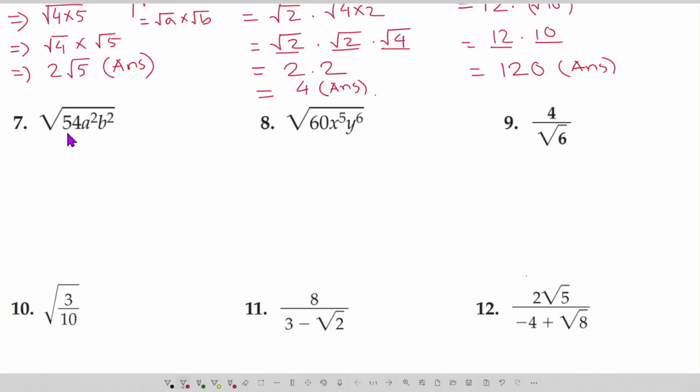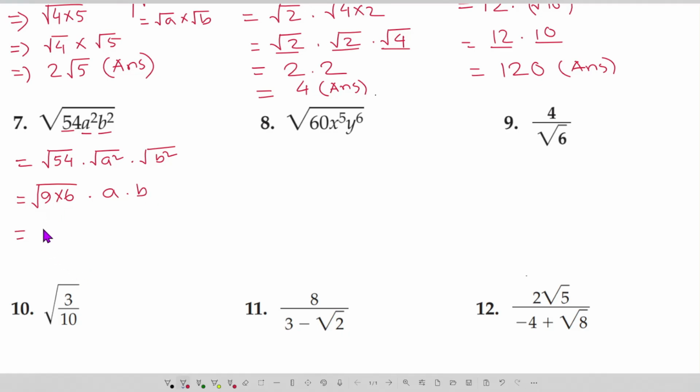Next question. Root 54 a square b square. We can simplify this like root 54 times root a square times root b square. This root 54 we can also write as root 9 times 6. Then root a square means a, root b square means b.